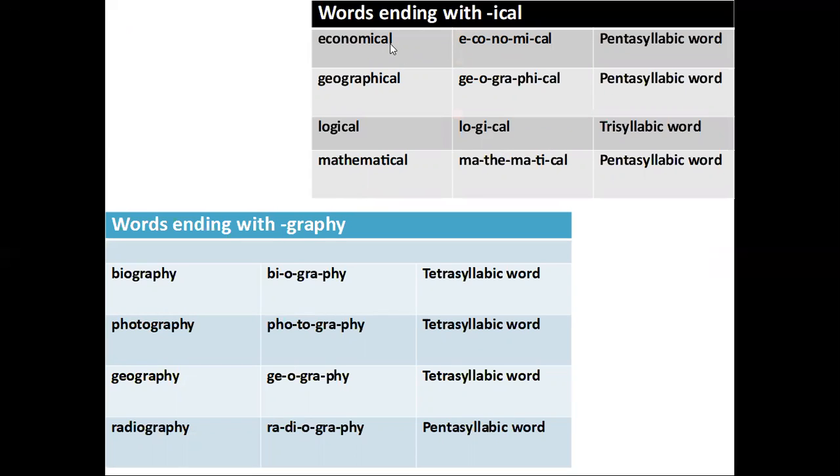Then words ending with ICAL. For example, economical, geographical, logical, mathematical. So economical, it contains pentasyllabic word. Geographical, it contains pentasyllabic word. Then logical, it contains trisyllabic word. Mathematical, it contains pentasyllabic word.